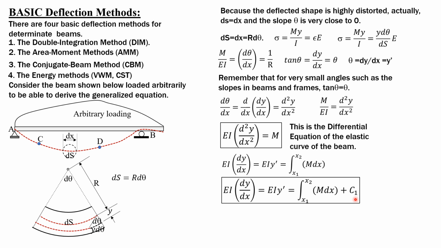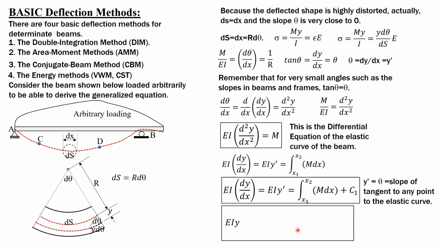If the left support is a pin or a roller, then there will be a slope at that origin. If point A is fixed, then the slope of the tangent at the fixed support is horizontal, so it will be 0. So that's the slope of the tangent at any point on the elastic curve.